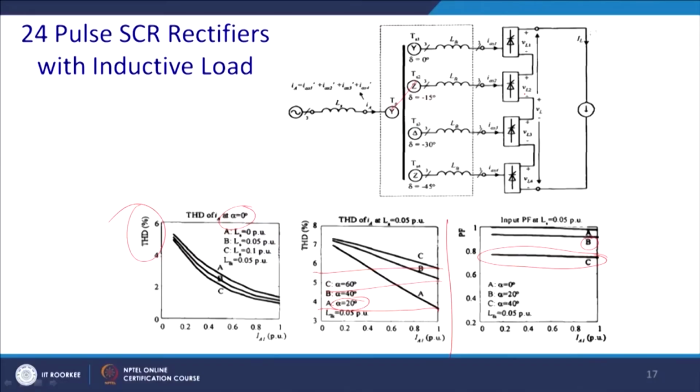So we require to check whether you have any DC component, or traces of DC component, in any of the current paths of your circuit. Accordingly you require to adjust the triggering angle and eliminate the DC portion of it, otherwise you are going to saturate the transformer core.